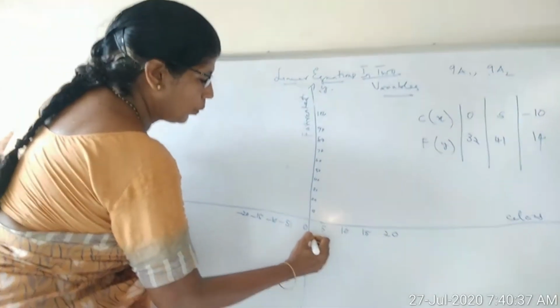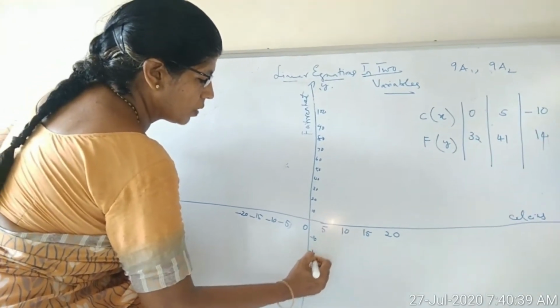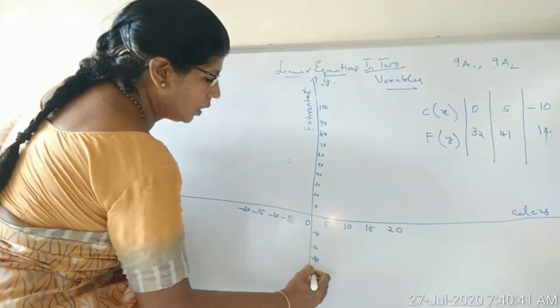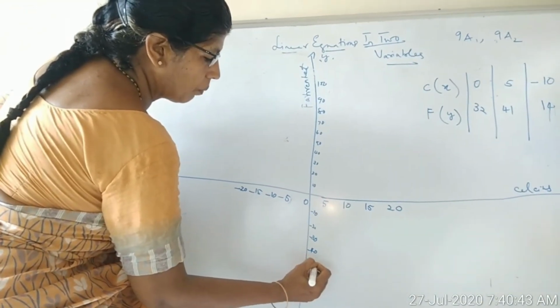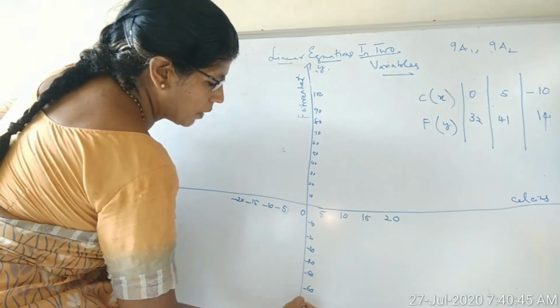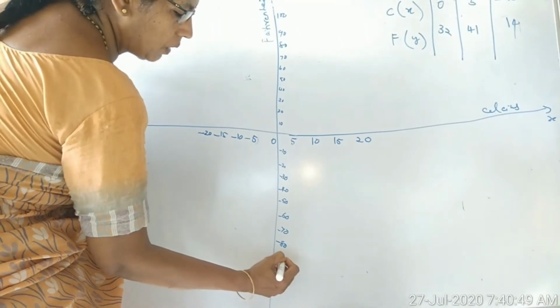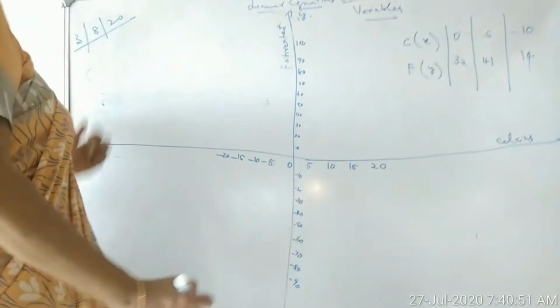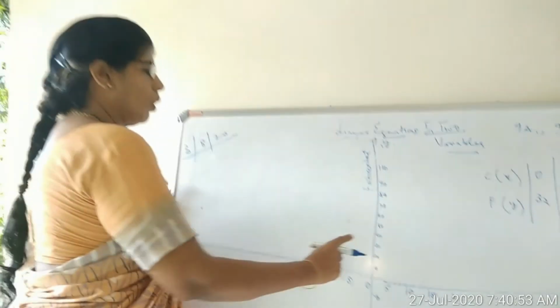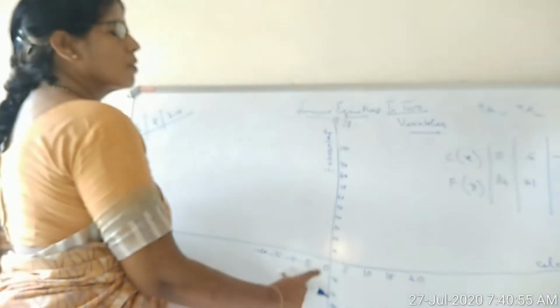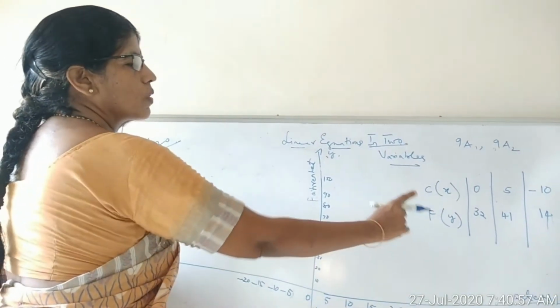Below 0, minus 10, minus 20, minus 30, minus 40, minus 50, minus 60, minus 70, minus 80, minus 90. The division is done on both x and y axis, and now plot the points, children.